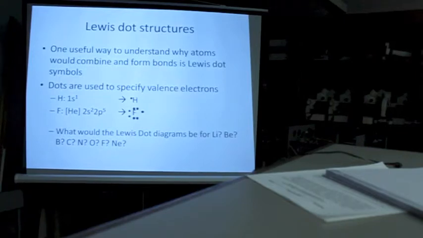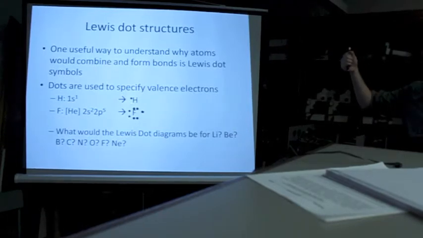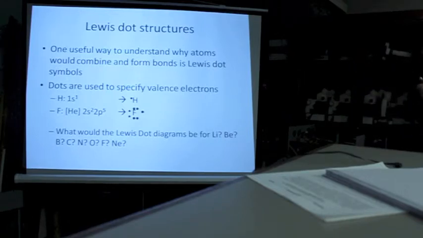So recall, for example, the hydrogen atom, which is 1s1, we already figured that out. And so we can draw hydrogen as a hydrogen with one dot, so it has one electron. Okay? And so we could do the same thing for fluorine. We figured out already that it's helium with the 2s2 and then 2p5. So it has 7 electrons around it.